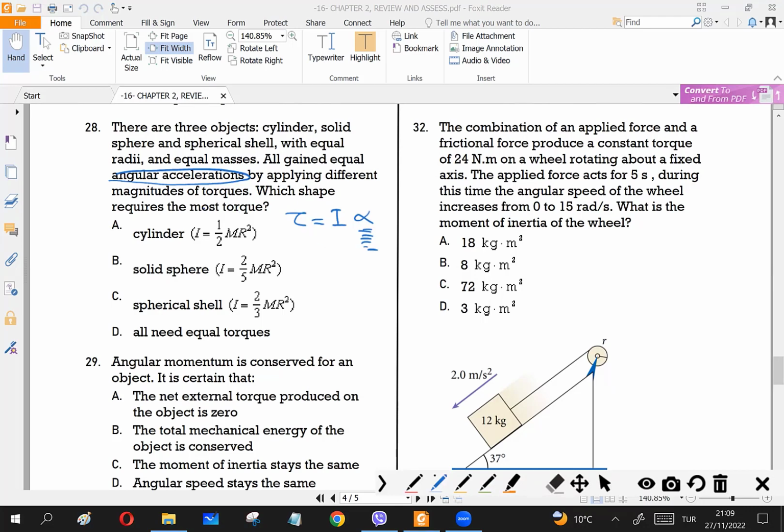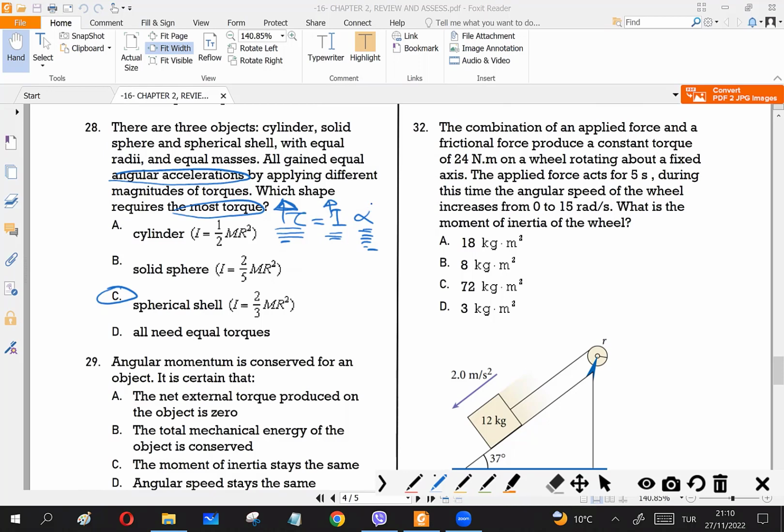Then if one of them requires the most torque, its moment of inertia must be the greatest. The shape with the greatest moment of inertia requires the most torque. And in this given, the spherical shell has the greatest moment of inertia, 2/3. So that's why C is going to be the correct answer in here.